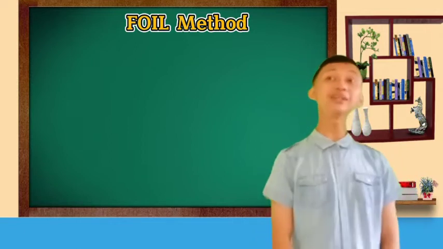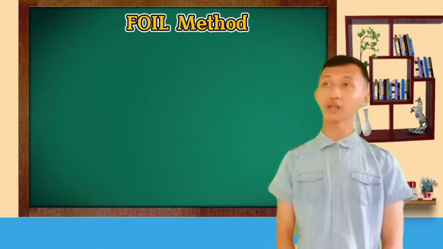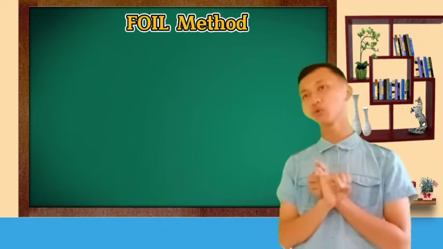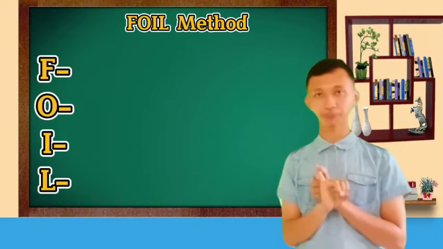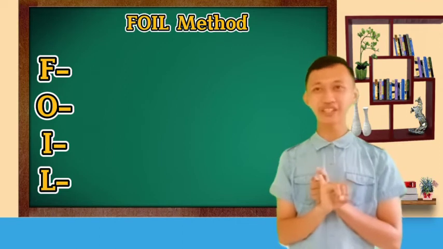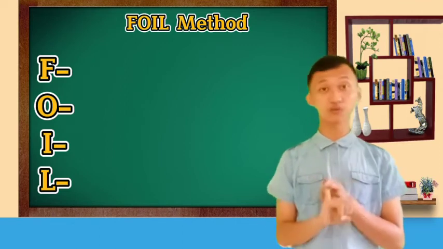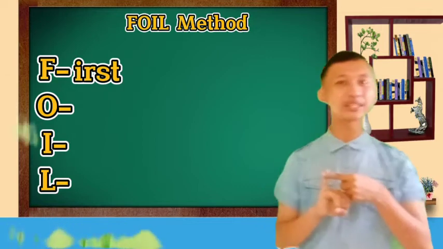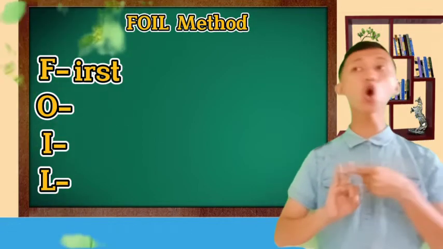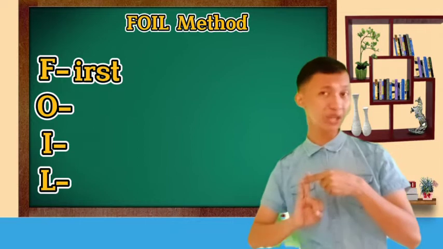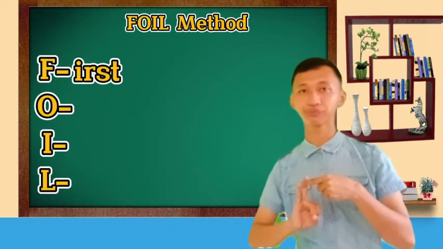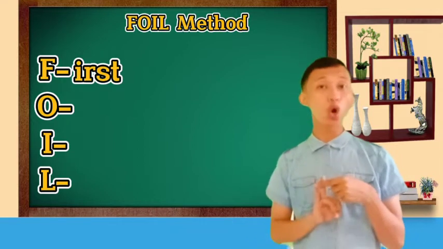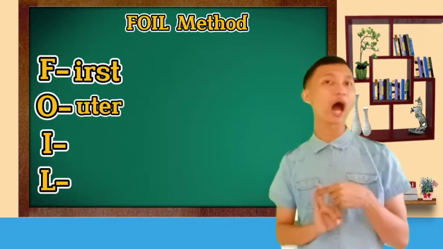So, FOIL stands for first, F. What does F stand for? Very good. F stands for first term. The second one is O. What does O stand for? Very good. O stands for outer term.